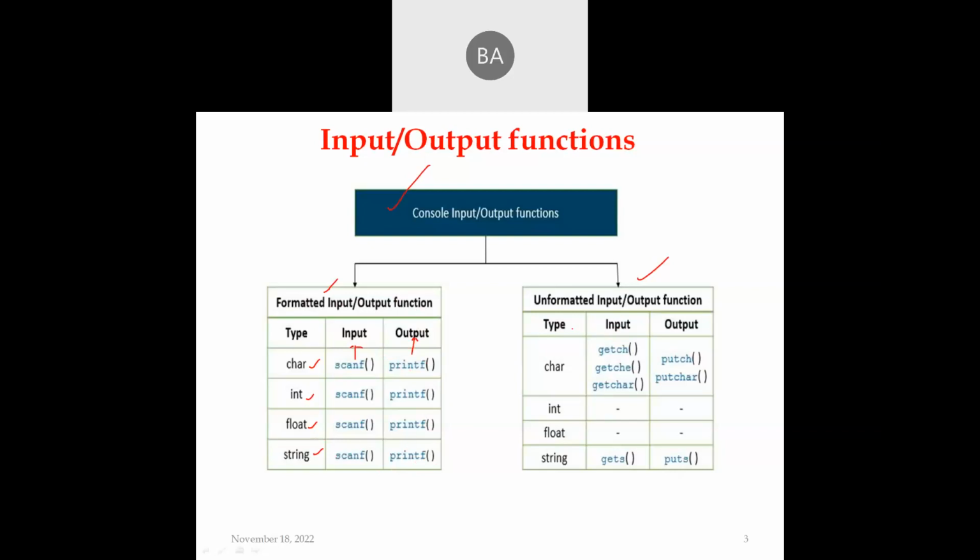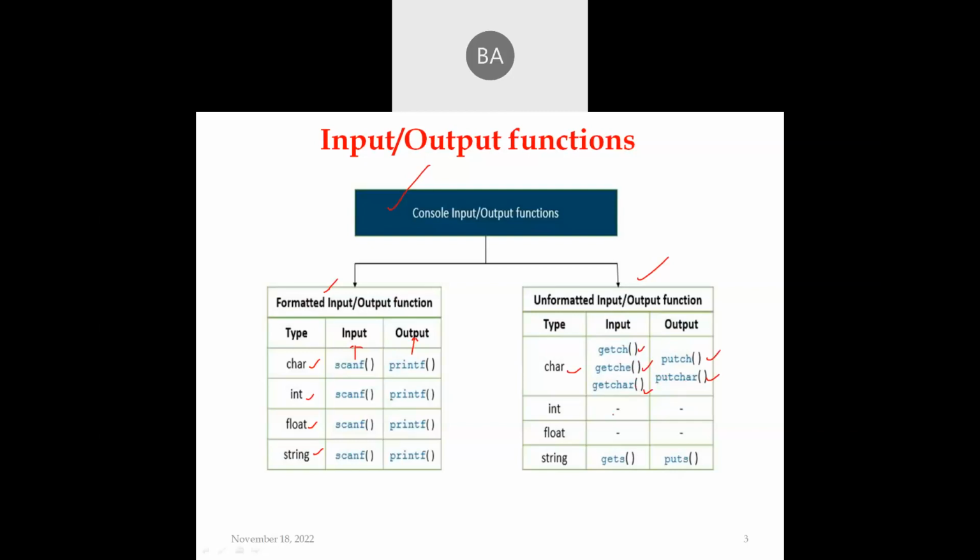Now coming to the unformatted input output functions. In the previous class we had a discussion on the getchar and putchar functions. We have seen that they come under the character type of data, which you can read and display. Similar to getchar, we have the getch function, and getche function is also there. Similar to putchar, we have the putch function.